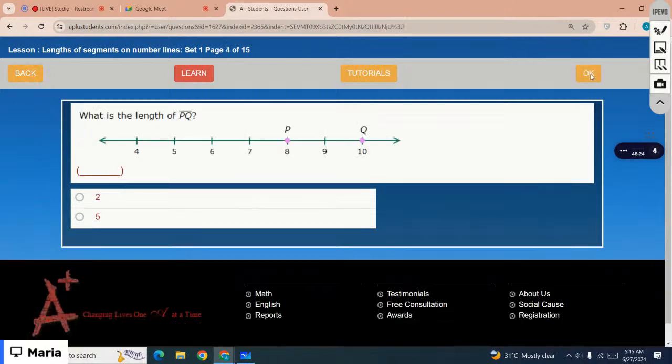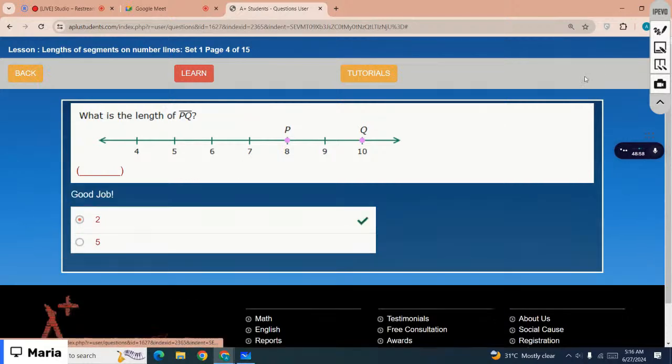What is the length of PQ, which is the correct option? The correct option is 1.